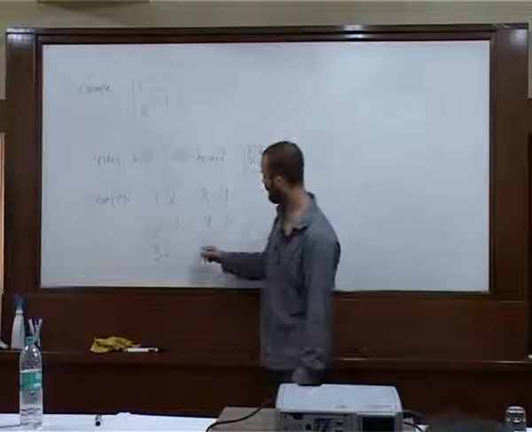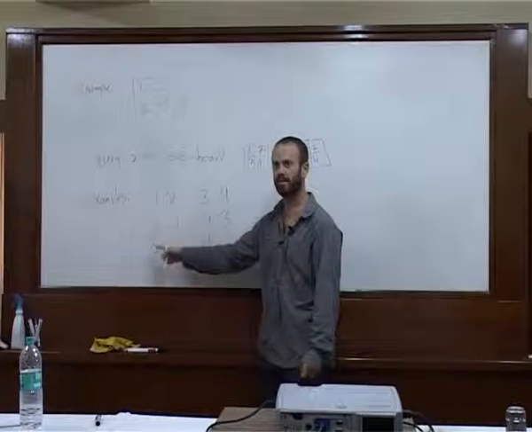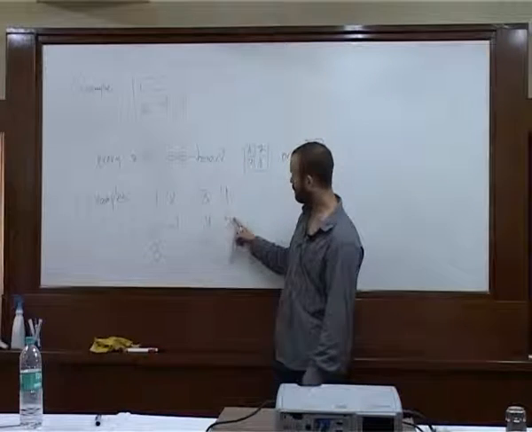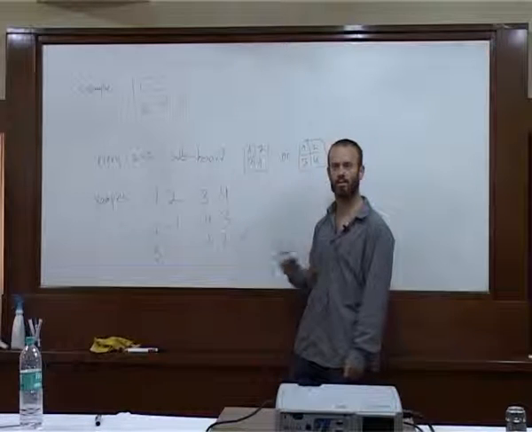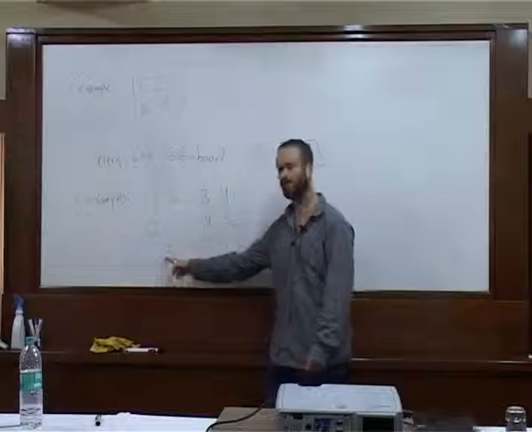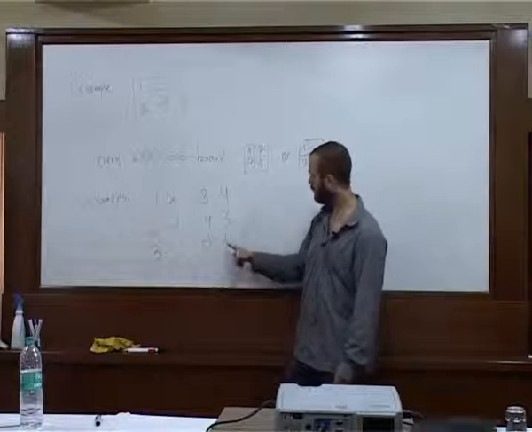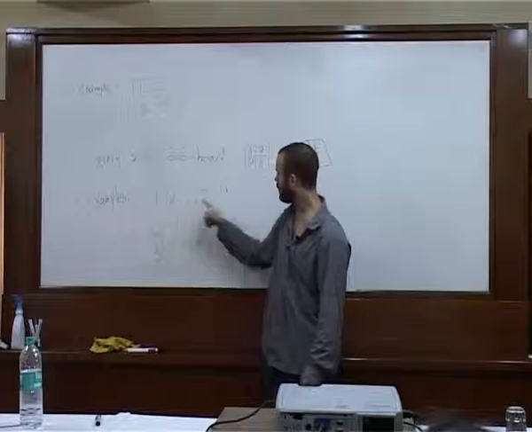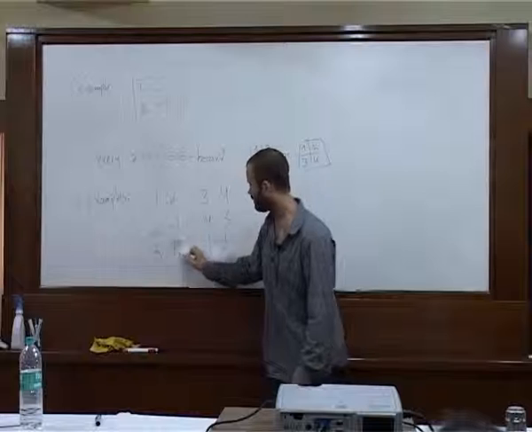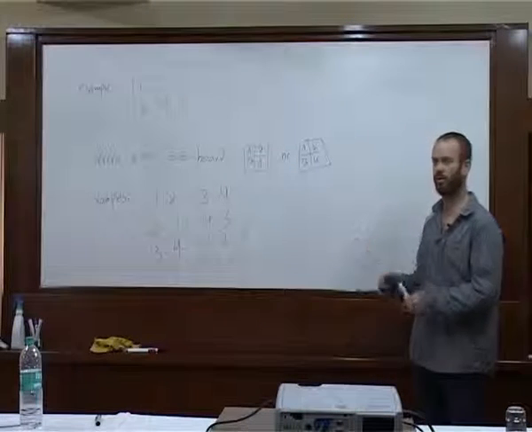If I write here a 3, then this one must be a minus 1, because of this 3 and this 3. And this must be a minus 2, because of this 3 and this 3. Now, this minus 2 and this 2, if this is a 4, this must be a 4 as well. This is how we play the game.